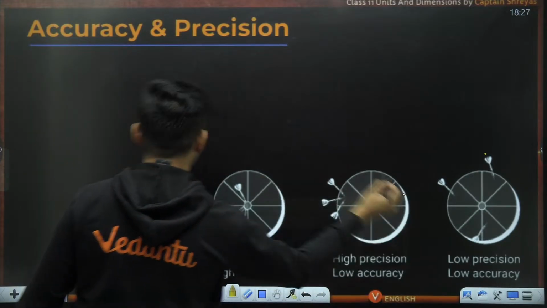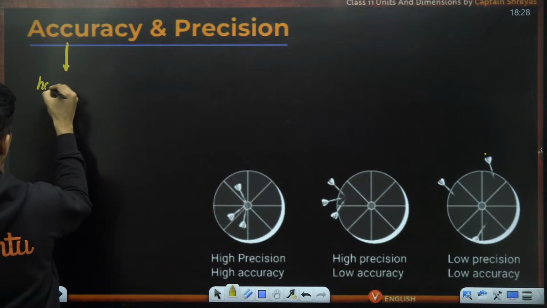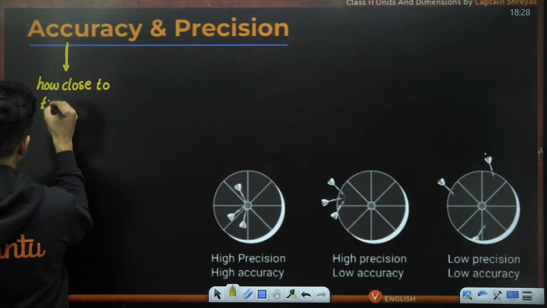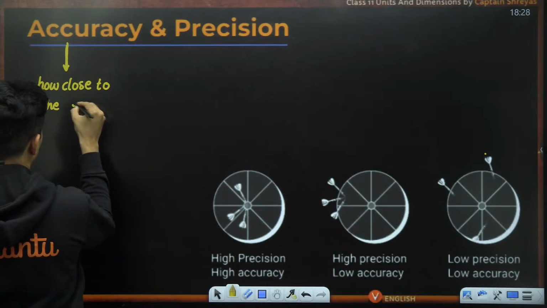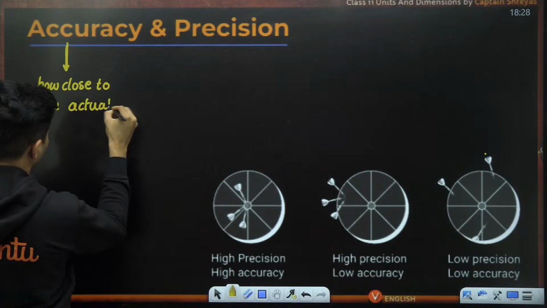So accuracy means how close you are to the actual value.